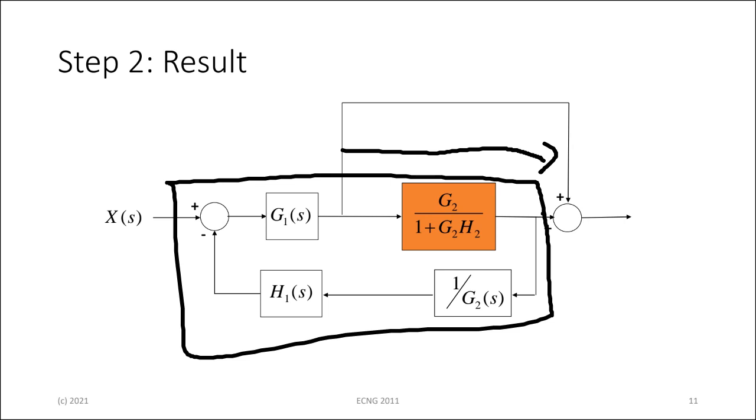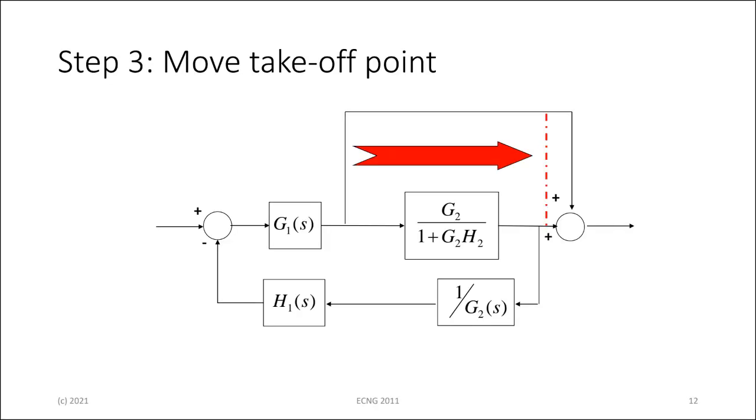If I take that and move that line before here, I'm going to have to add a block, since the takeoff point is moving from before to after the block. So what am I going to have to put inside here?